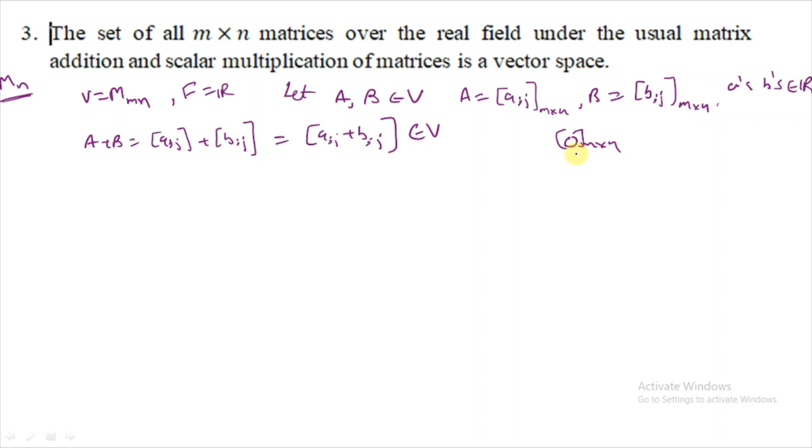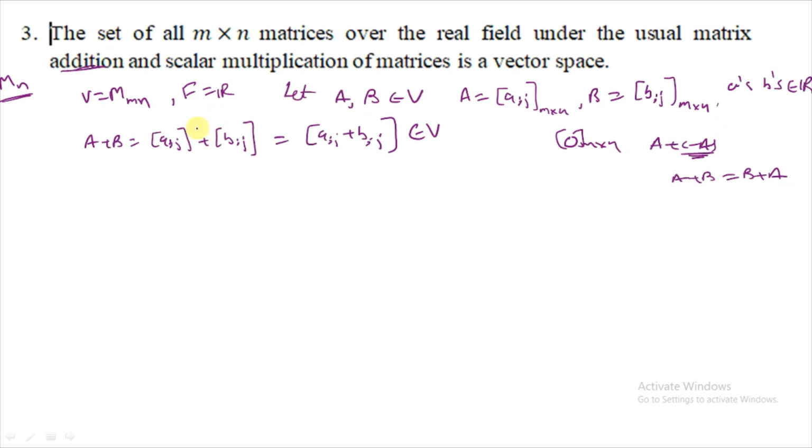For inverse, the negative matrix: A plus minus A, where minus A is the negative of A, so the additive inverse is there. Matrix addition satisfies the commutative property, though multiplication does not. You can write A plus B the same as B plus A.